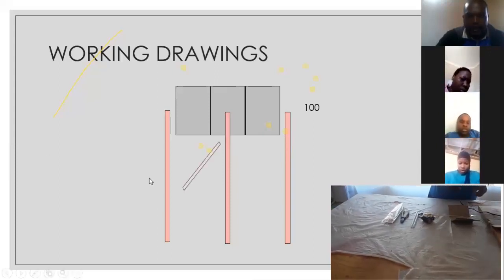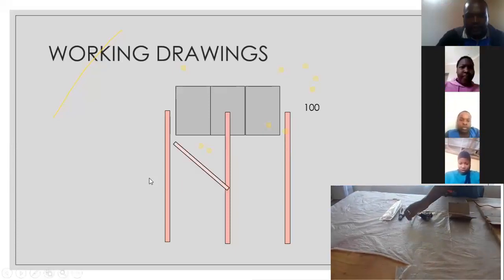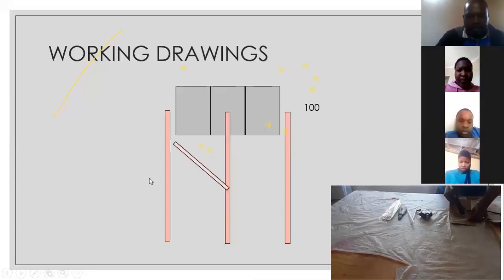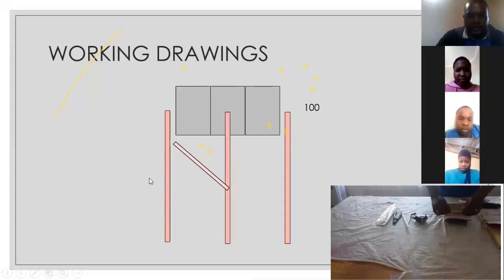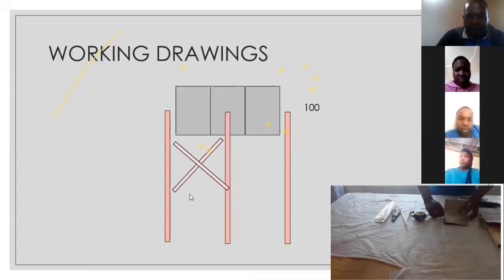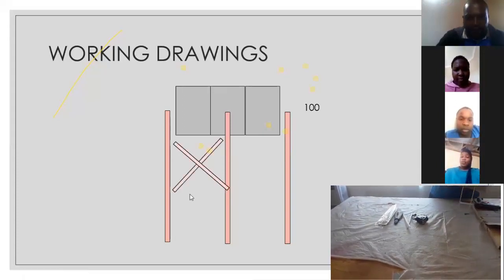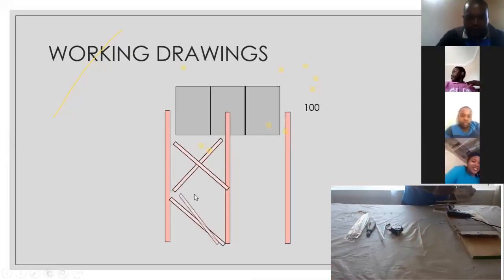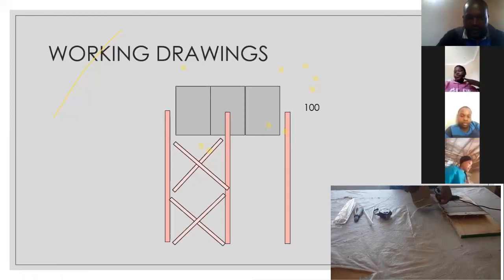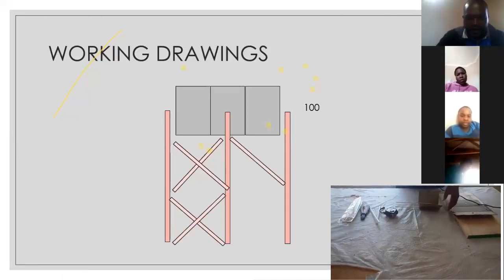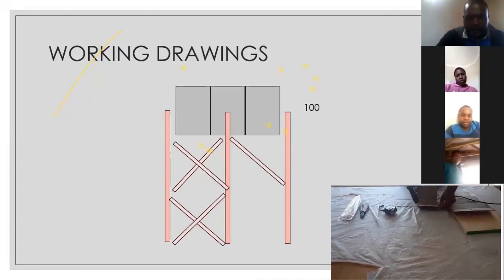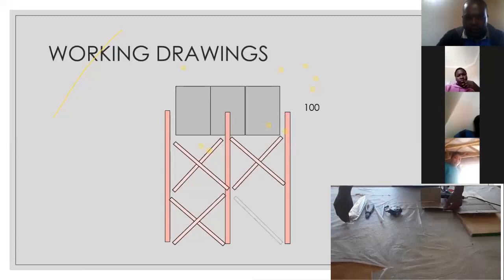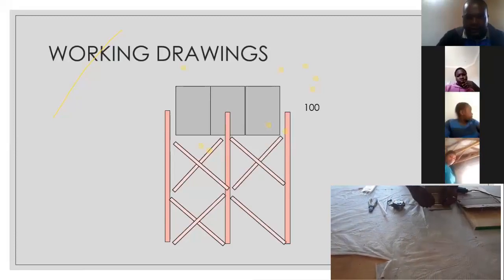And then I have my other parts for cross bracing. I also have these parts, which I'm going to use for cross bracing. And then I have those parts as well. These are the other parts, and we have these other parts, and these other parts.